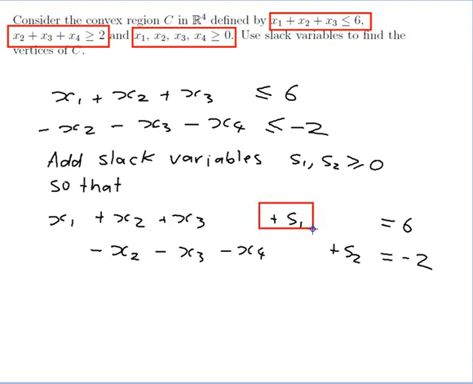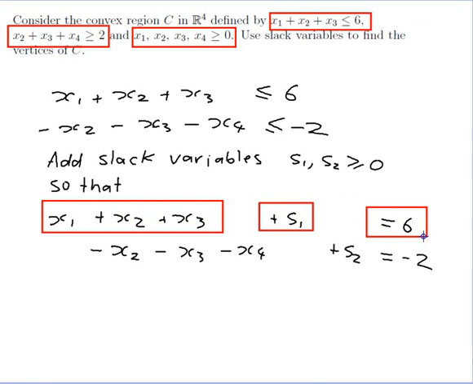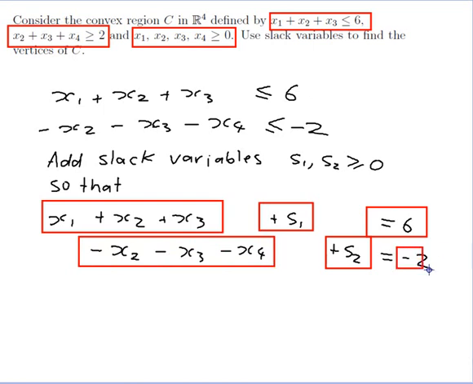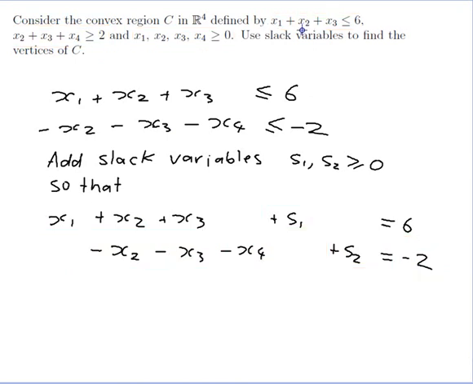If S1 here is equal to 0, then look, x1 plus x2 plus x3 is actually equal to 6. And if S2 is 0, then minus x2 minus x3 minus x4 is equal to -2. So I actually get x2 plus x3 plus x4 is equal to 2. So if my slack variables are 0, that means I'm on either this edge or this edge.